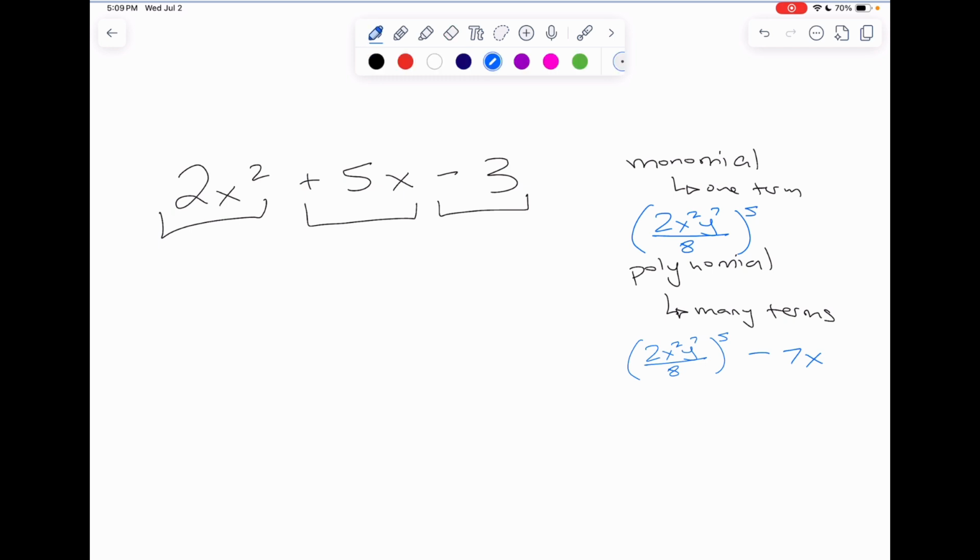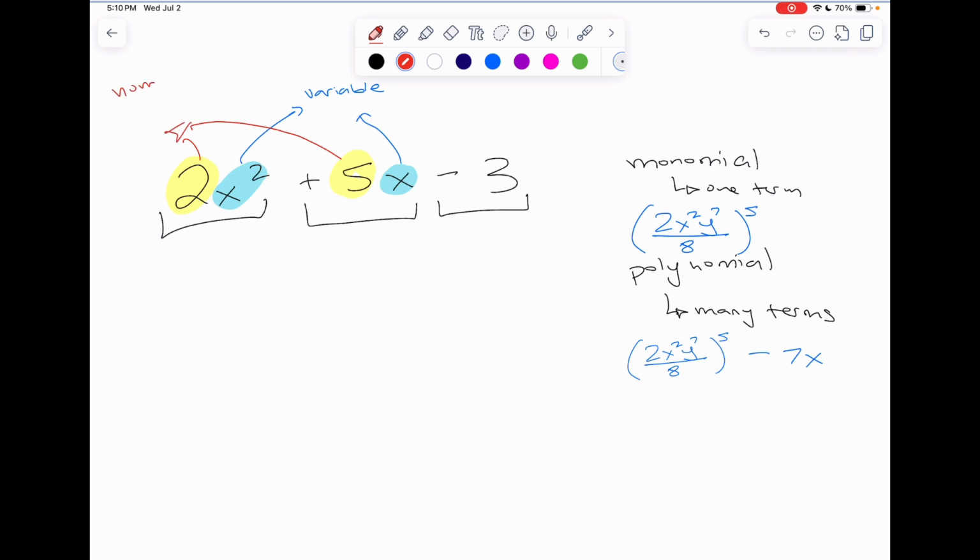Now, each of these terms has parts to it. This part right here that has the x in it is called the variable. That's the variable. Why? We don't know what it is, and we can pop in different things for x. The number part over here, these are called the numerical coefficient, or just the coefficient.